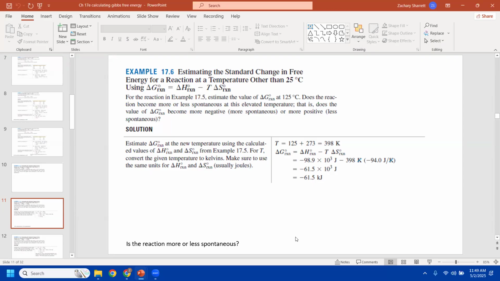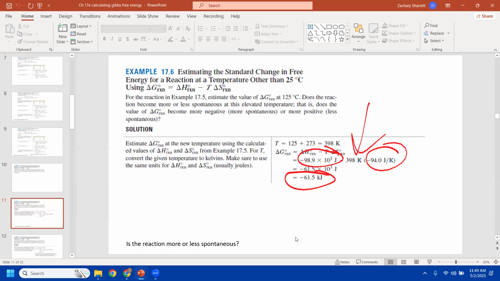Or if it becomes more positive, that means the reaction is becoming less spontaneous. So you still use the same values over here. You just plug in the temperature that is 100 degrees higher, and we get a value of negative 61.5 kilojoules.